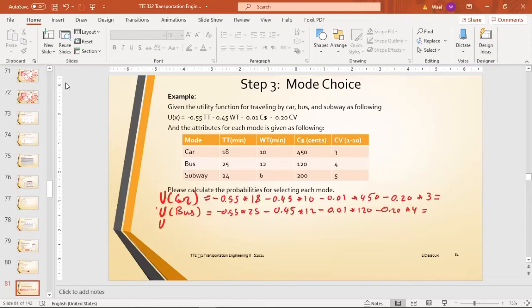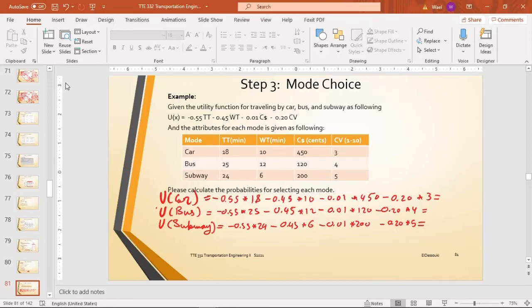And the utility for subway equals minus 0.55 multiply 24 minus 0.45 multiply 6 minus 0.01 multiply 200 minus 0.2 multiply 5.